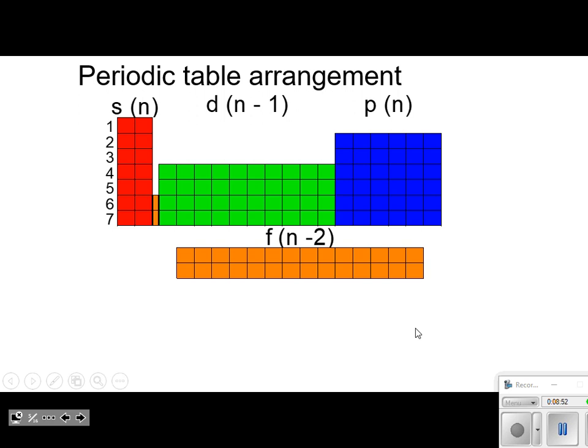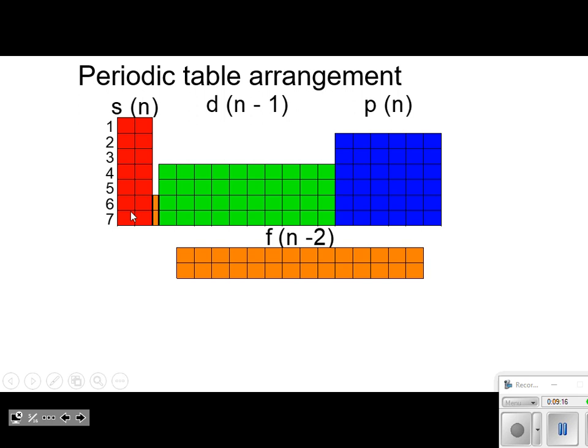So, if we have 1 orbital that can hold 2 electrons, the s orbitals have a possible 2 electrons. Well, look right here on your periodic table. Groups 1 and 2 are the s orbitals.